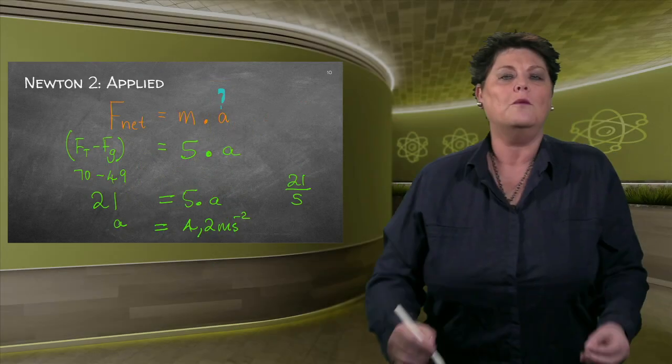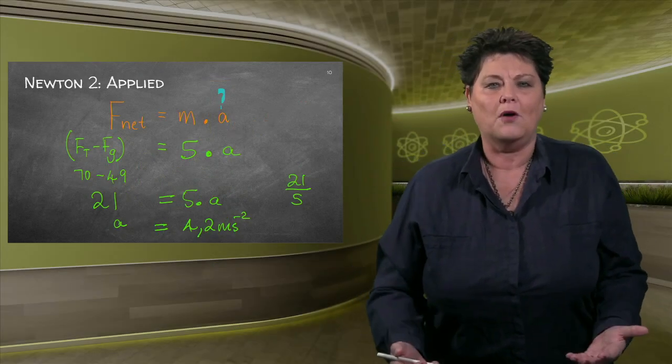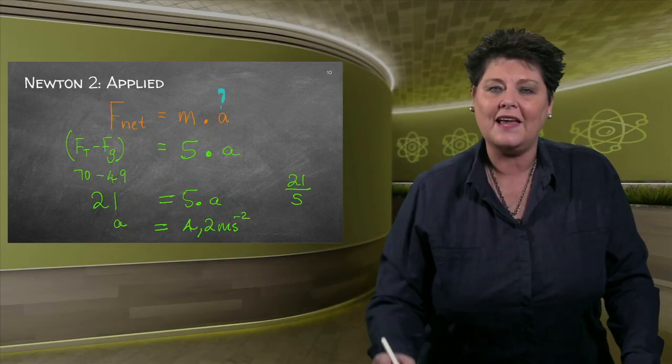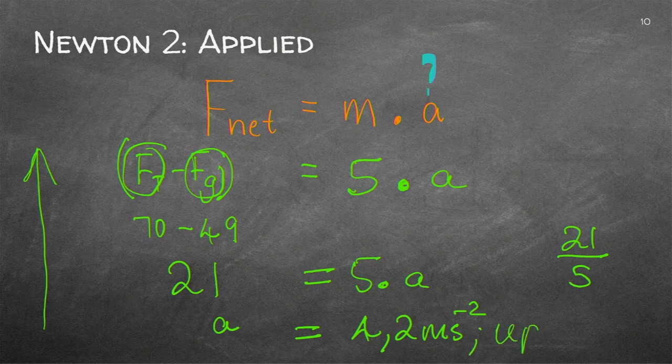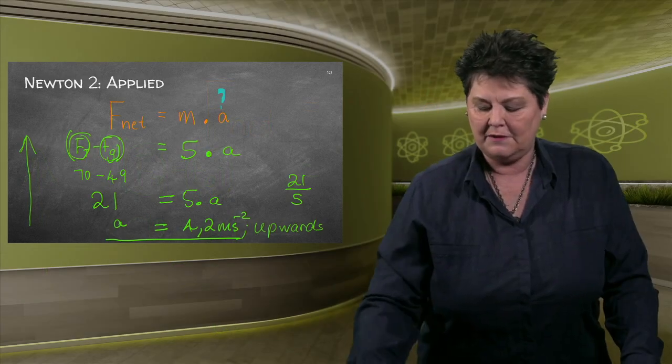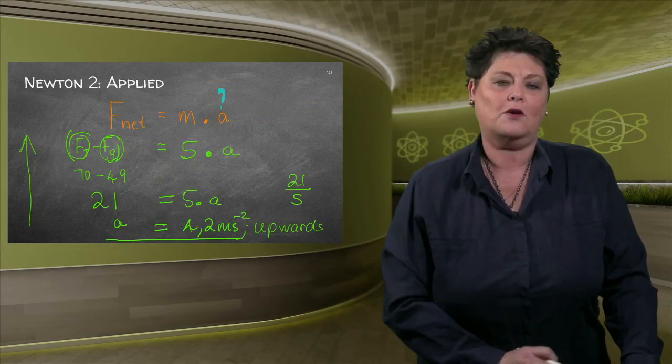This is not the complete answer, and you won't get any marks if you don't indicate in which direction. Remember, we said the block is moving upwards because Ft is greater than Fg, then this acceleration will also be upward. Please make sure that you indicate the direction when you give an answer for any vector. In this case, it's acceleration. Right, so we answered the question.